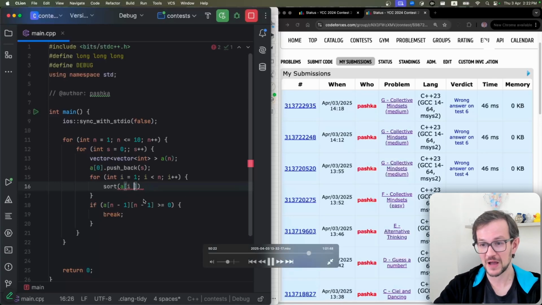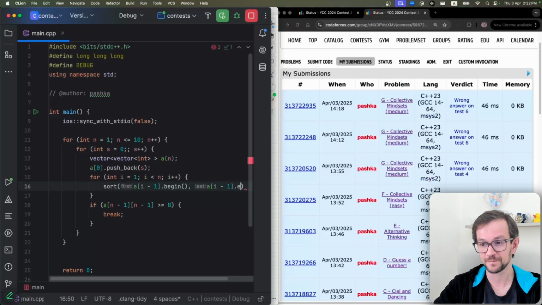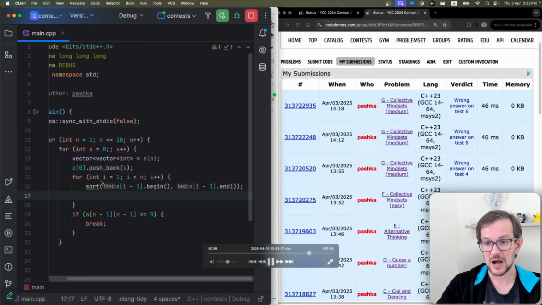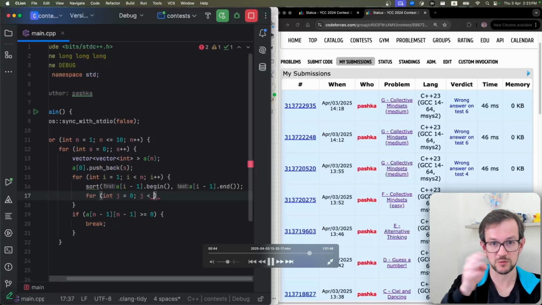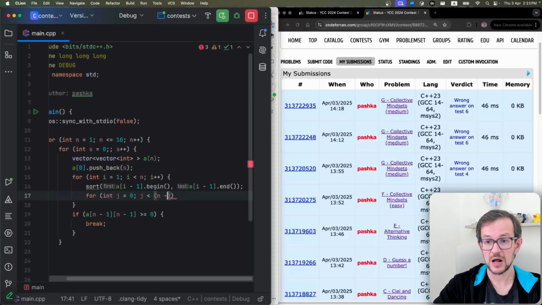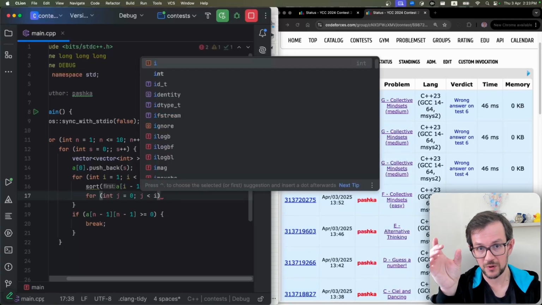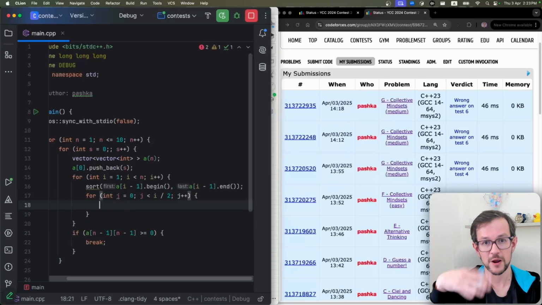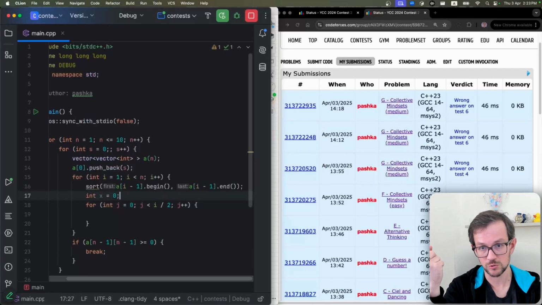So what I'm doing here, I'm trying to construct the answer. I look at the previous result, sort it, because I don't care about the sequence. Now I take the first people who received the smallest amount of coins and try to bribe them to get their votes.